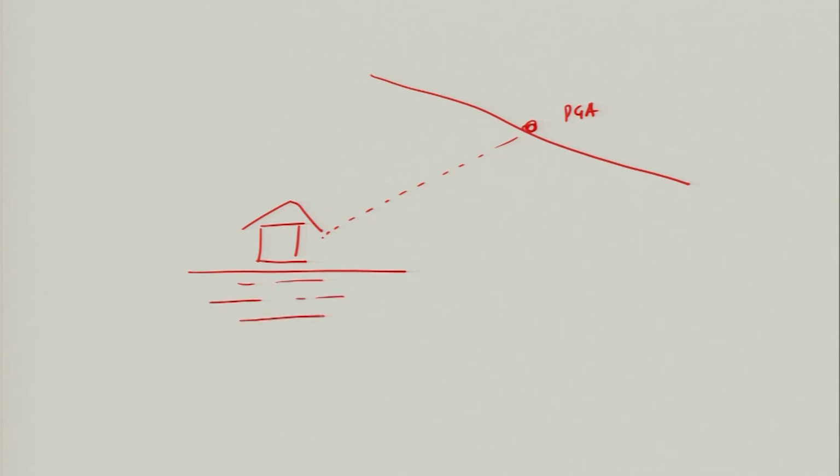For example, I'll just put the sketch here: you have a fault here and the town is somewhere here. Of course the maximum peak ground acceleration will be at this point, but even if you are sitting away, depending on what the sediments are and what rock type you have, the deformation or the site effect will be different.